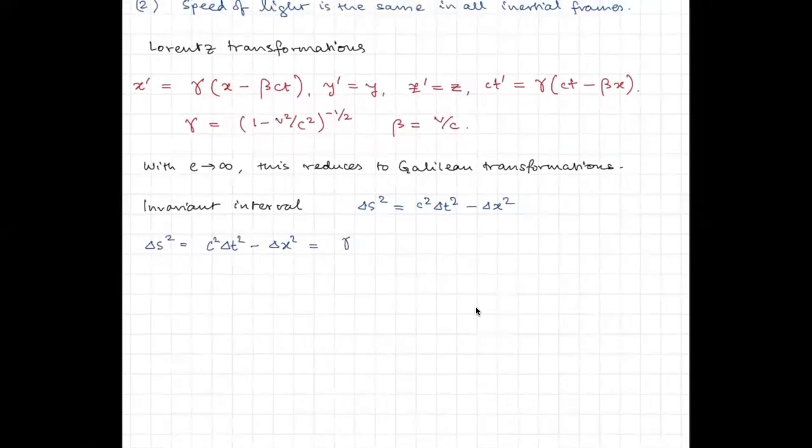This is going to be gamma squared times c delta t prime plus v delta x prime by c, squared, minus gamma squared times delta x prime plus v delta t, squared. Sorry, there's no squared here.